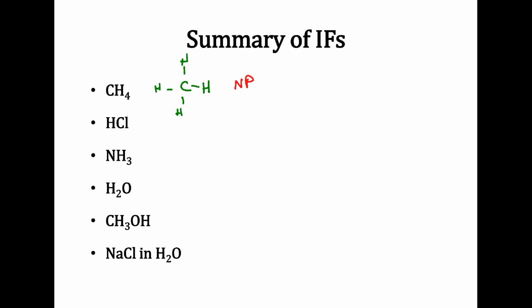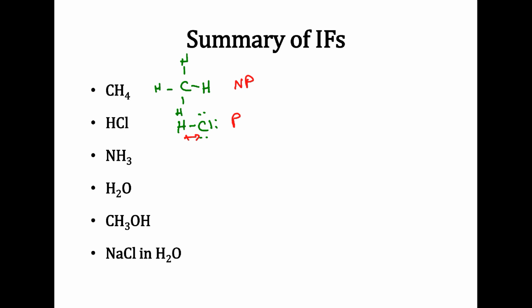If we were to look at HCl, we could draw this Lewis structure. And for HCl, what we'll end up seeing is chlorine's more electronegative than hydrogen. So the electrons are displaced, so there's a dipole pointing towards the chlorine. So this is a polar molecule.